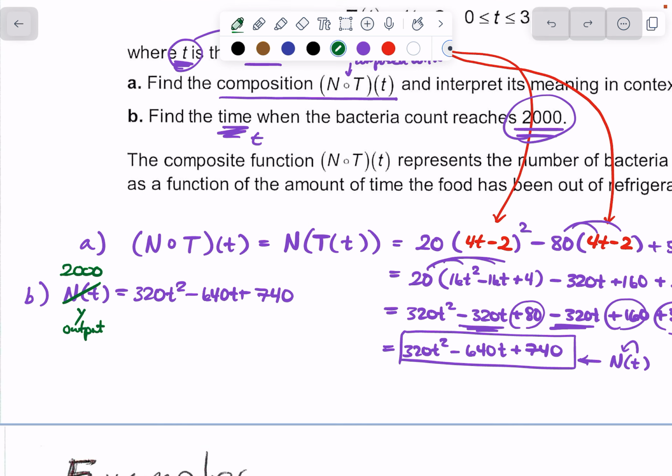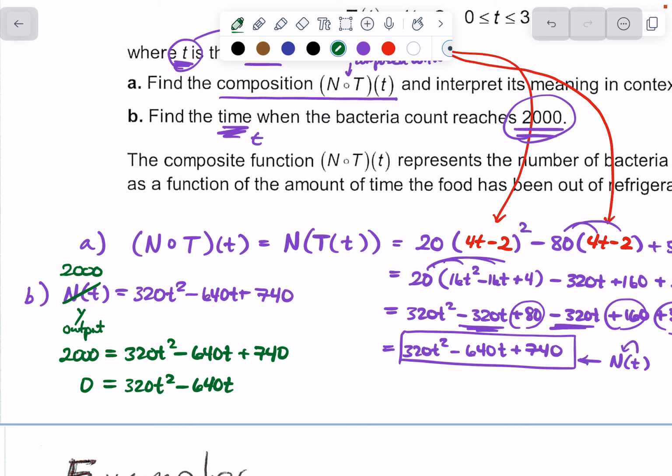So we now have an equation, right? 2,000 equals 320t squared minus 640t plus 740. And then all we would need to do at this point, I know it seems kind of crazy, 0 equals 320t squared minus 640t. What I'm doing is I'm subtracting by 2,000 on both sides.